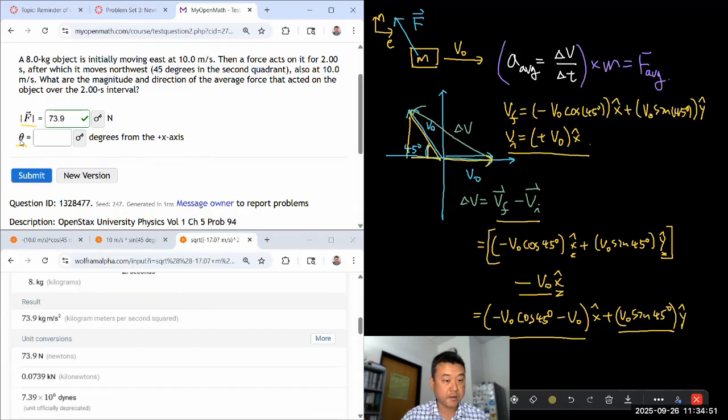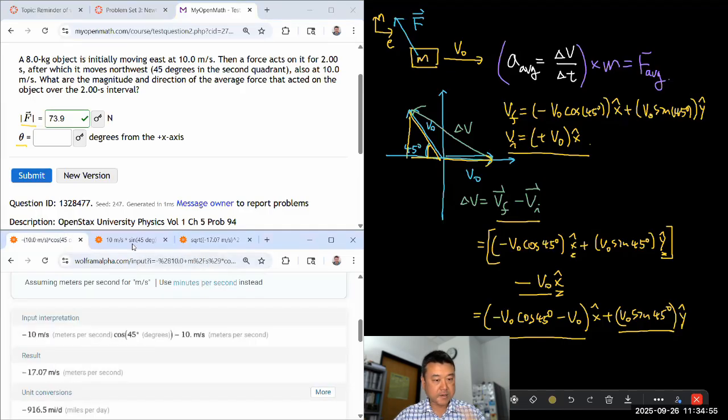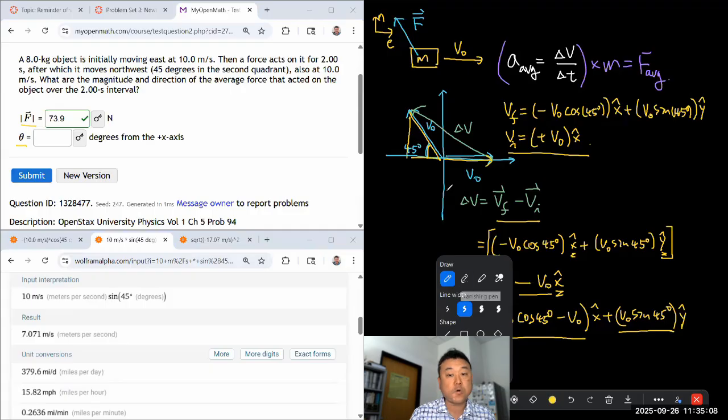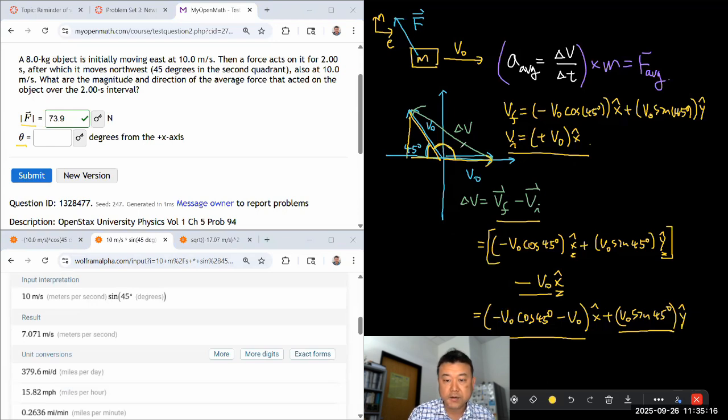Let's calculate the angle. For that, I again need the x and y component. With the method that I recommend, I think you have to go through multiple steps. If you are using cosine, then you could let the sine give you this angle right away, which is what they are looking for. But I recommend using tangent.